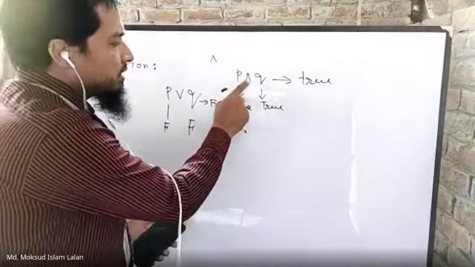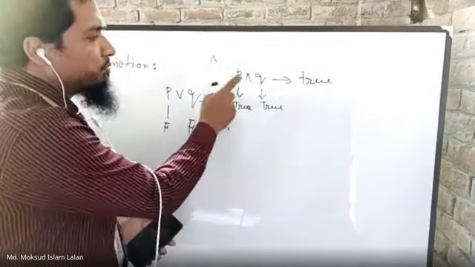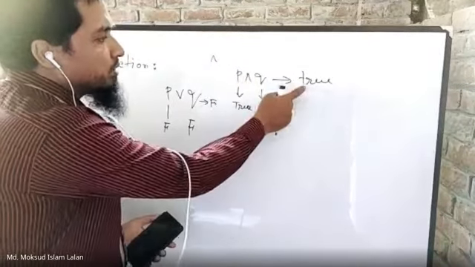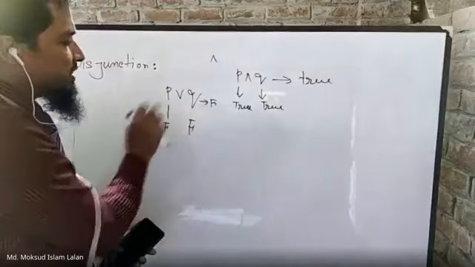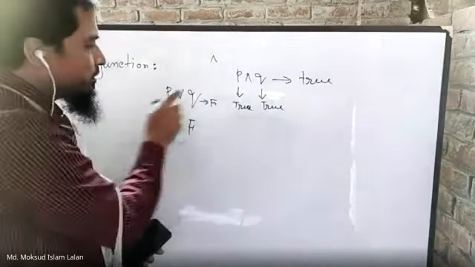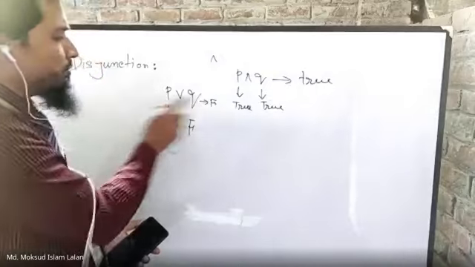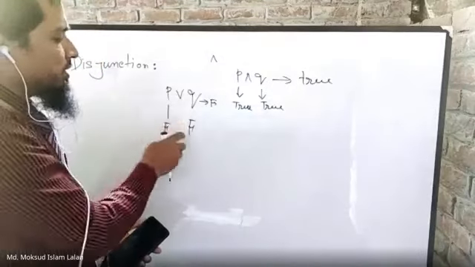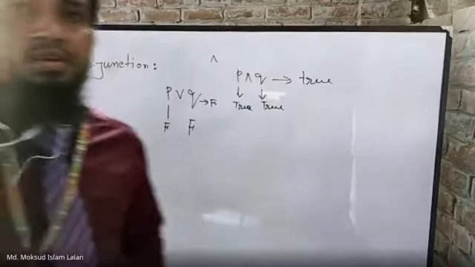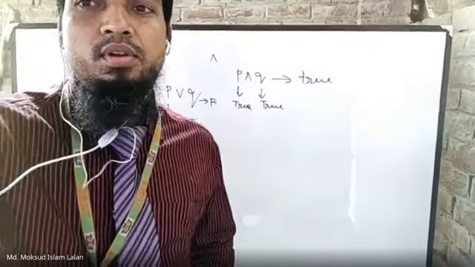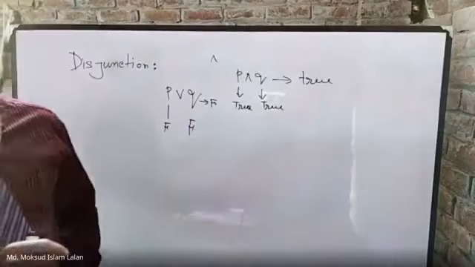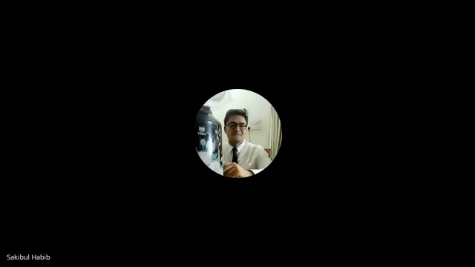In conjunction, when P and Q are individually true, the result is true. Disjunction is just the opposite: it is false when P and Q are both false. Is it clear? Yes, sir.